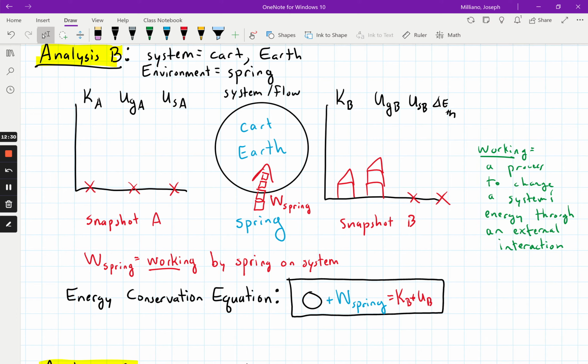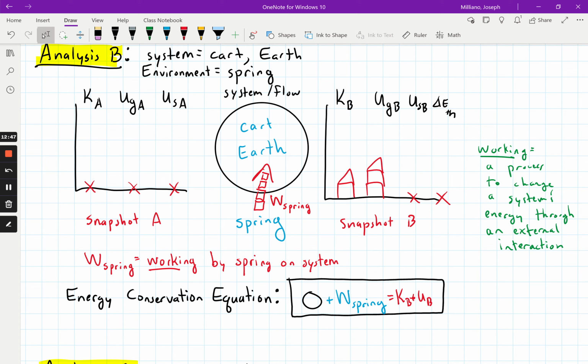The answer is no, you don't, but I wanted to highlight in particular that what we are saying is different than in analysis A. In A, we said the energy was always there. In analysis B now, we are saying we started with no energy and we added it through a working process.